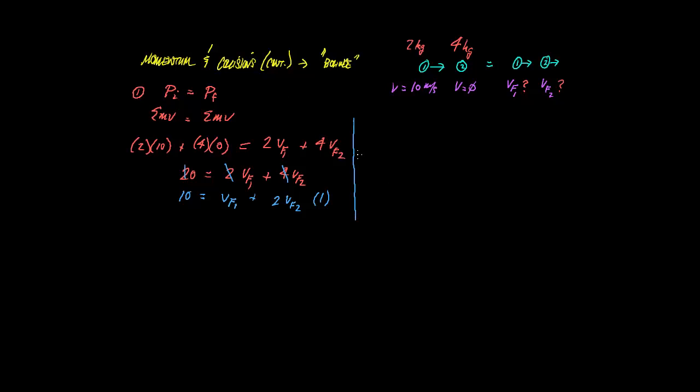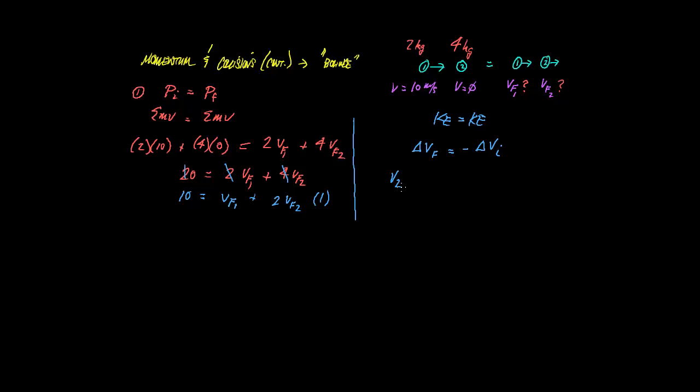Now what is the second equation we're going to use? Well, it comes from energy, and you can look at a textbook. It starts out looking at conservation of kinetic energy, or total energy, and they come up with an equation that basically says the difference in the final velocities equals the negative difference, or change, in the initial velocities.